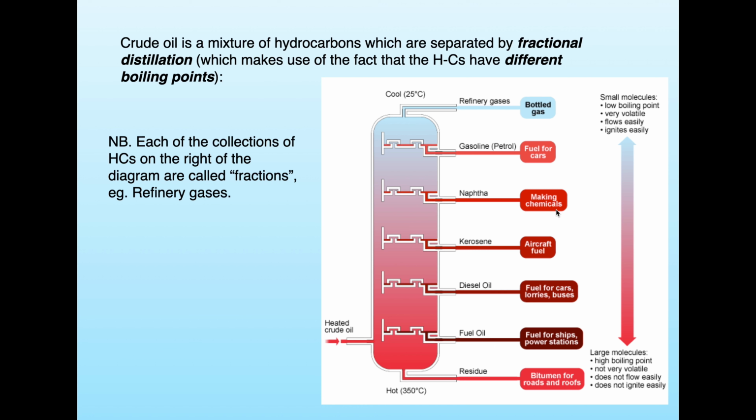Naphtha is for making chemicals. Kerosene, aircraft fuel. Diesel, fuel for cars, lorries and buses. Fuel oil is used for ships and for power stations. And then the residue is called bitumen, and it's a thick black tarry substance used for roads and roofs.